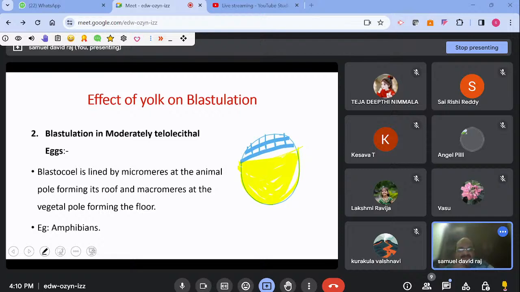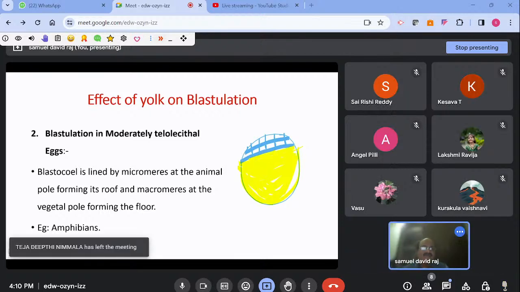Okay. So, at first, both are connected. The cells are overlying the yolk. There is no space between. After that, what happens? The cells here shift towards the animal pole. They are lifted towards the animal pole, leaving a space between.